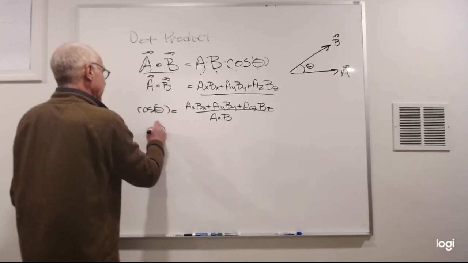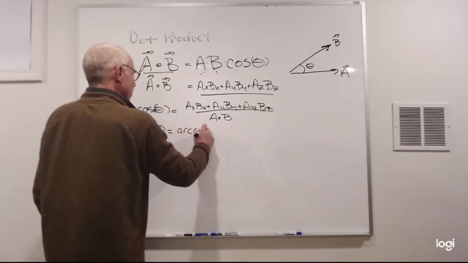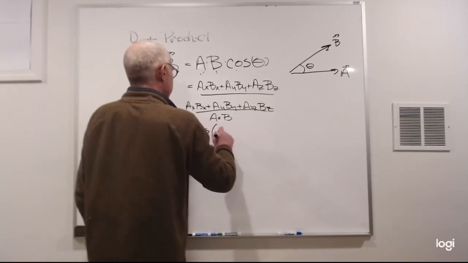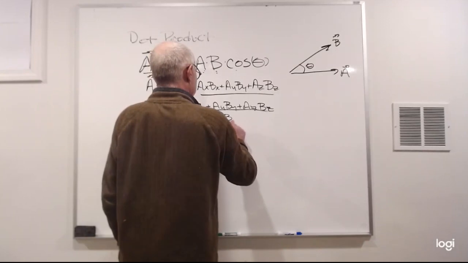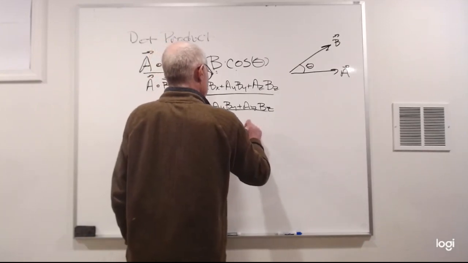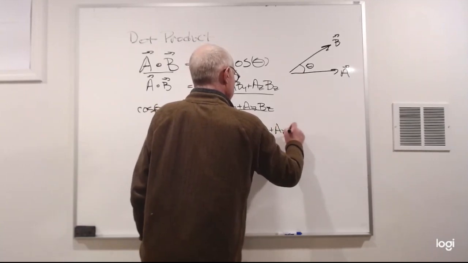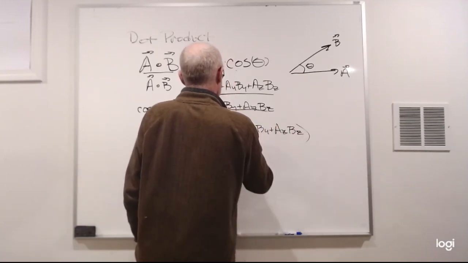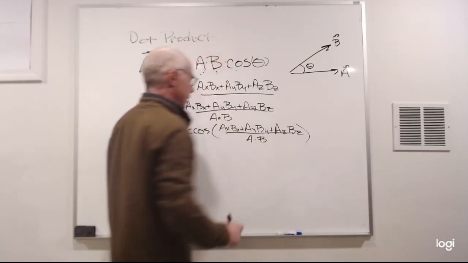So we'll have theta on this side, and on this side we're going to have arc cosine of this entire term, and I'll rewrite it in here: ax bx plus ay by plus az bz over the magnitude of A times the magnitude of B.